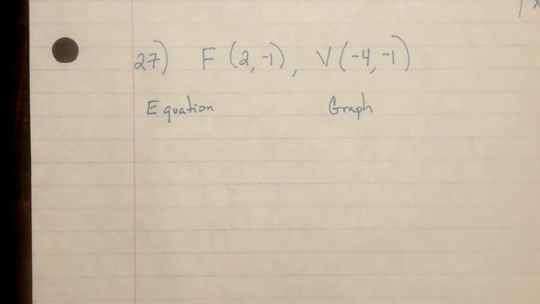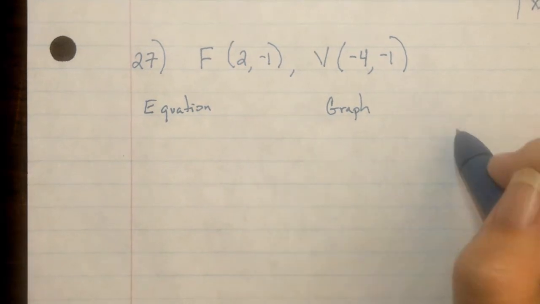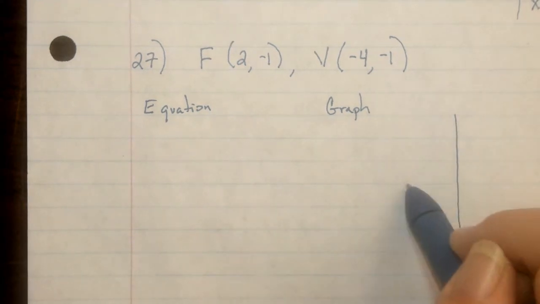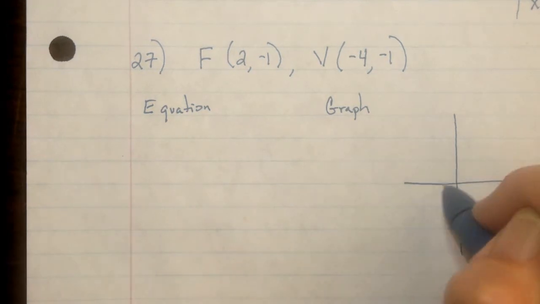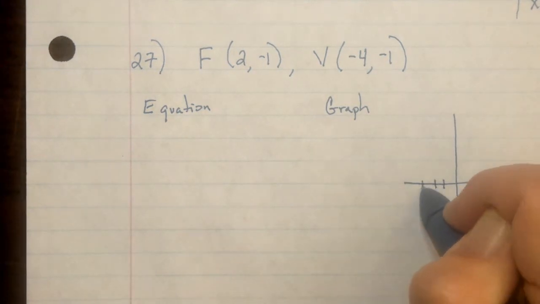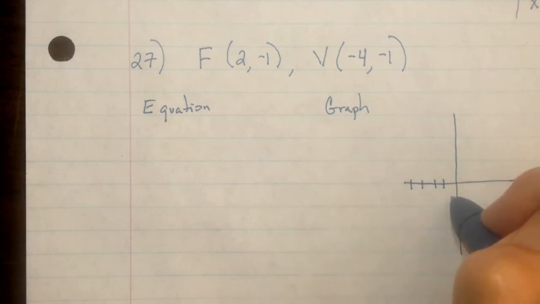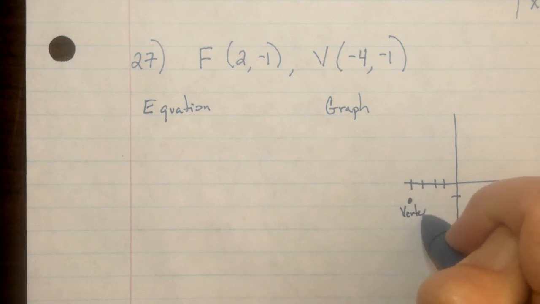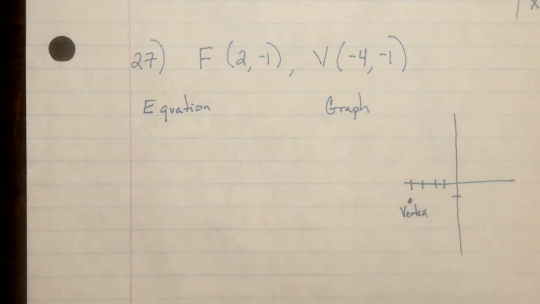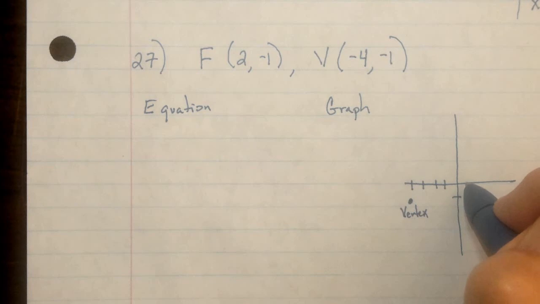Even though the instructions say write an equation and graph comes second, I think it's easiest if you start the graph off first. So I have a vertex at -4, -1. That's my vertex. And then I have my focus at 2, -1.